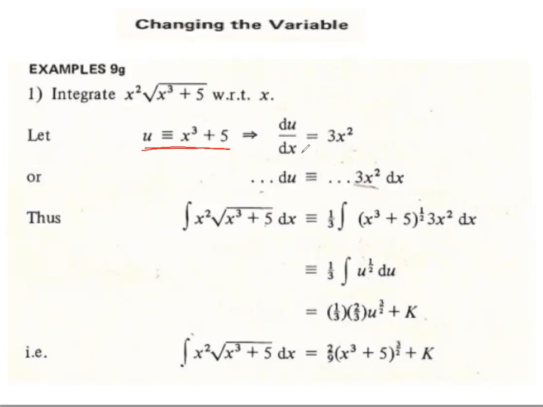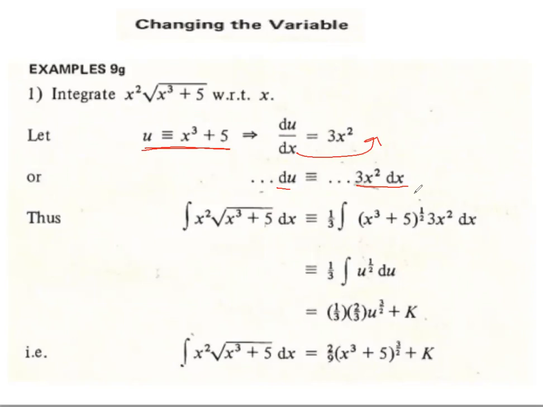Now, if I take this dx over there, you end up with du is equivalent to 3x squared dx. Remember, these are just what you call operators, but if you watch the videos on Leibniz notation, you can operate with them as though they are fractions. So the very operations you perform on fractions, you can perform here, even though the du and the dx are really operators.